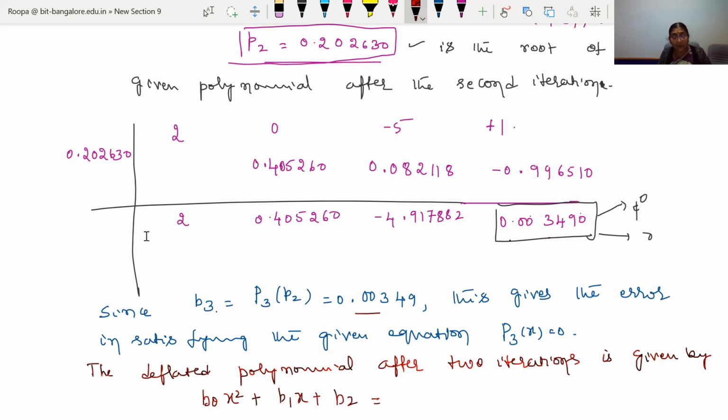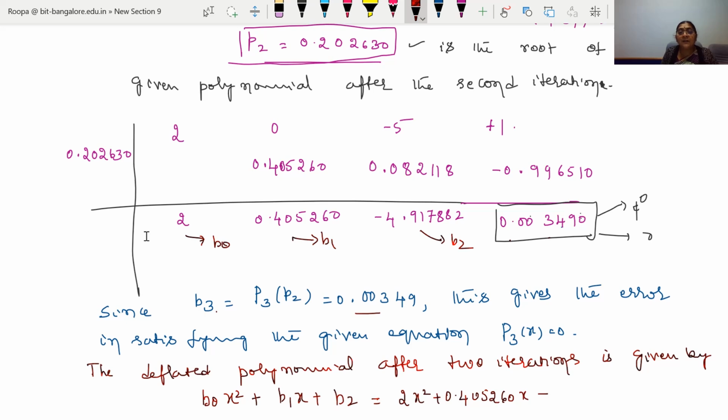Don't write b3. What is b naught? 2x square. b1 is 0.405260 into x. b2 is minus sign. Okay, this is b naught. This is b1. This is b2.